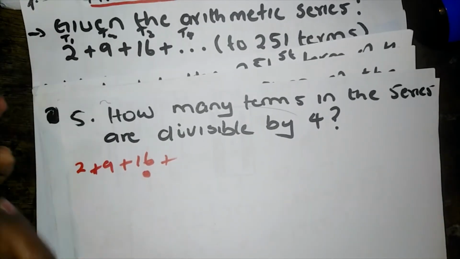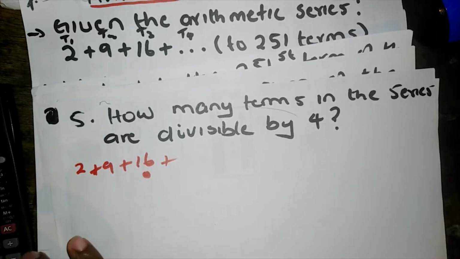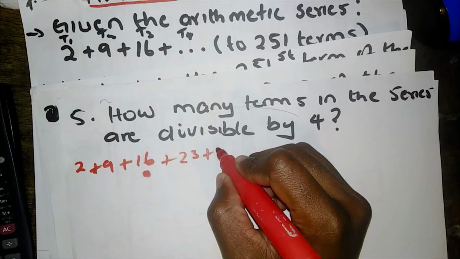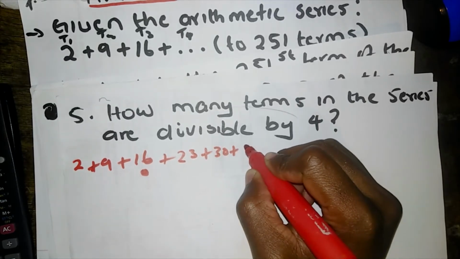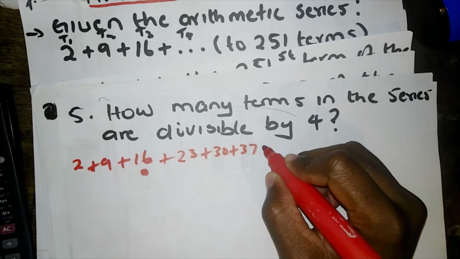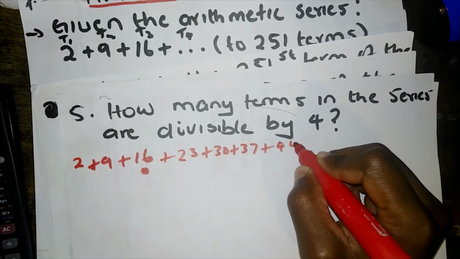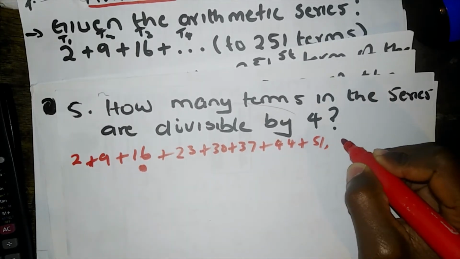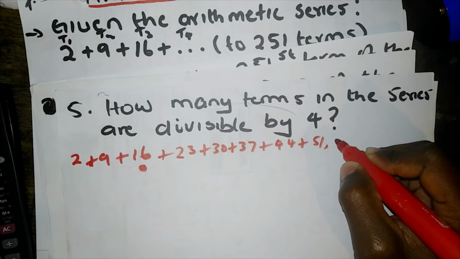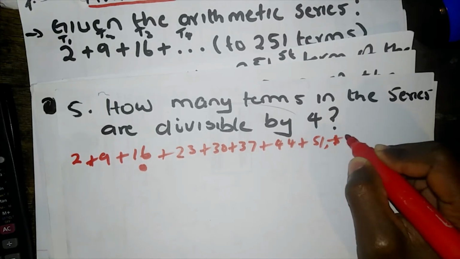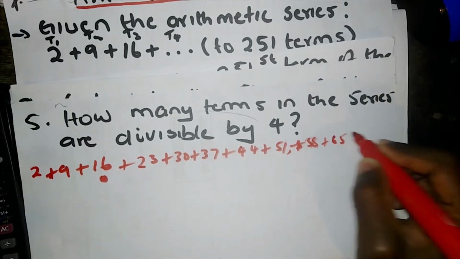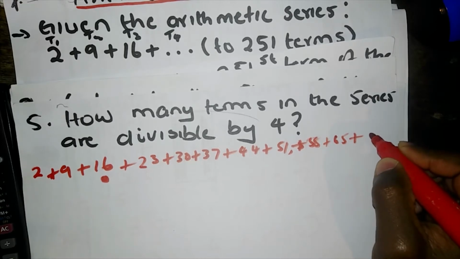So 2 plus 7, 9 plus 7, 16 plus 7, 23 plus 7, 30 plus 7, 37 plus 7, 44 plus 7, 51 plus 7, 58 plus 7, 65 plus 7, 72.